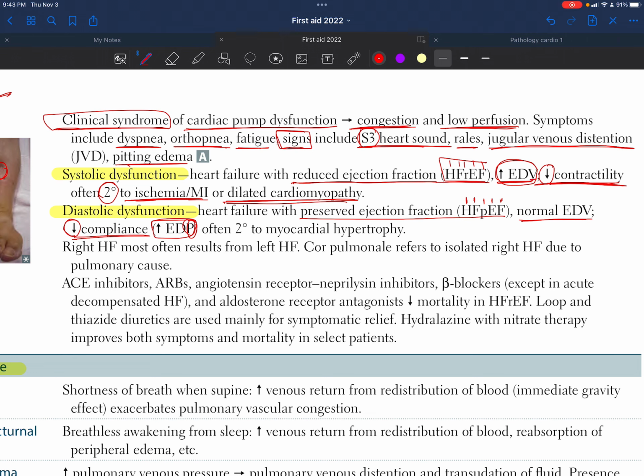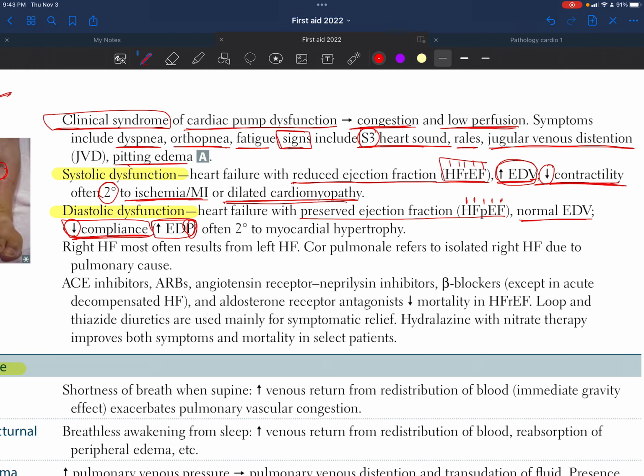It's not about the amount of blood that stays in there. It's the pressure of that blood on the walls, because these walls have lost their capacity to be compliant and flexible.